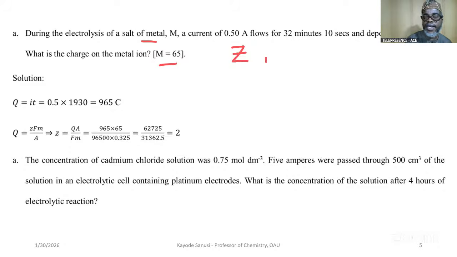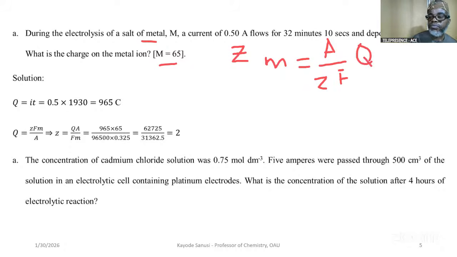So we can relate the equation from the first law of Faraday to this: A over ZF multiplied by Q. So what we are looking for is Z.